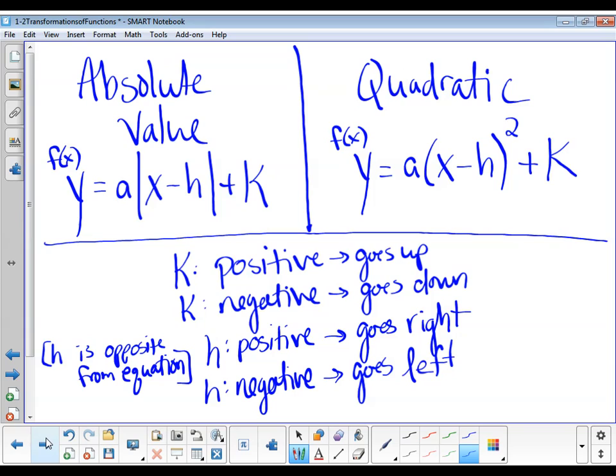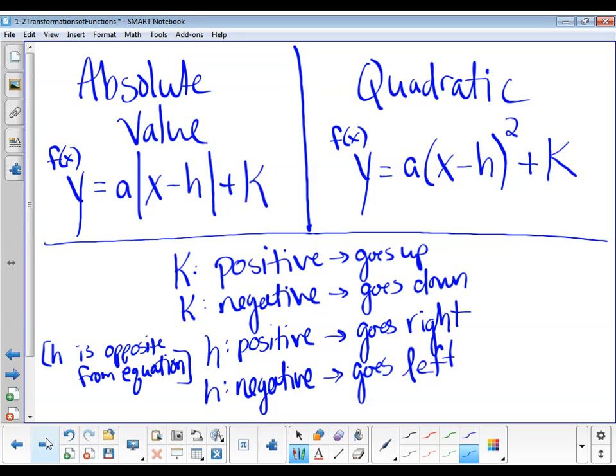H and k are extremely important because your h and k tells you what the middle of your graph is going to be. So for an absolute value, the h and k, that's where you're going to get the point of that v or the point of the peak if it's opening down. And for quadratic, that h and k, that's going to be the lowest point of that u shape, or it's going to be the peak of the mountain-looking shape if it's opening down.